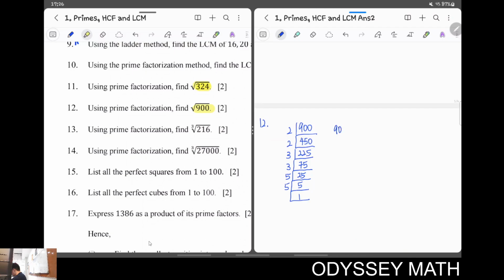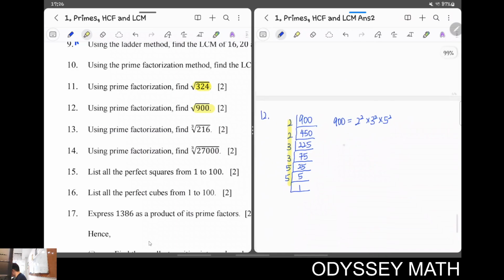So we have 900 equals to, we multiply the numbers here vertically, by the way. We have 900 equals 2 to the power of 2 times 3 to the power of 2 times 5 to the power of 2.